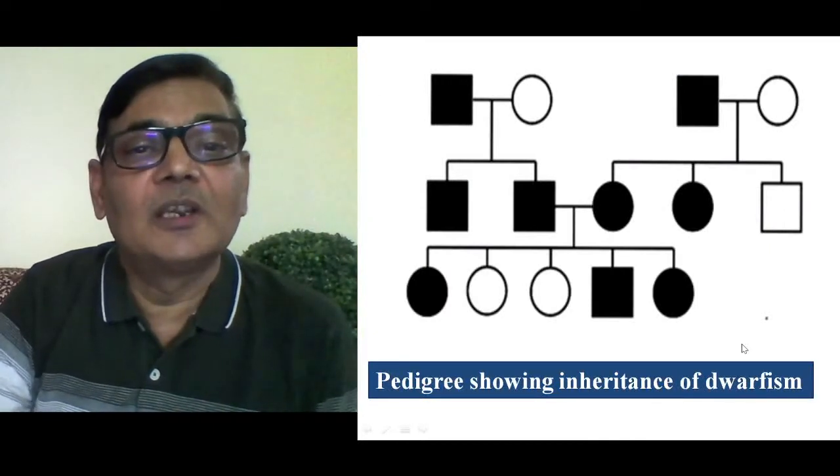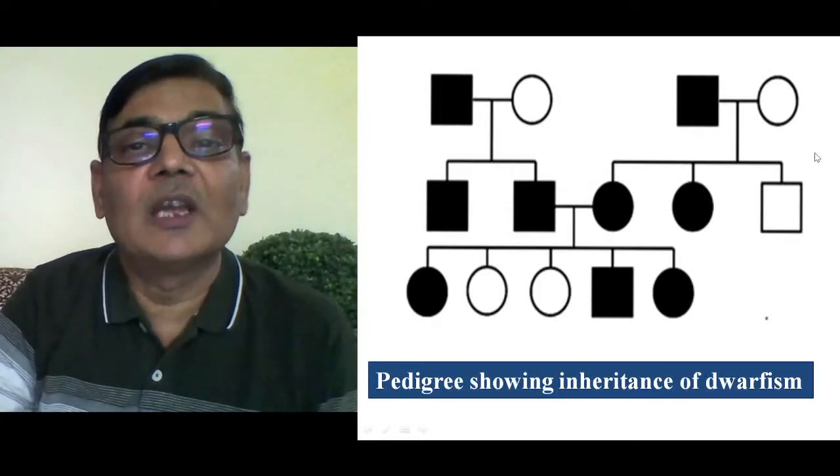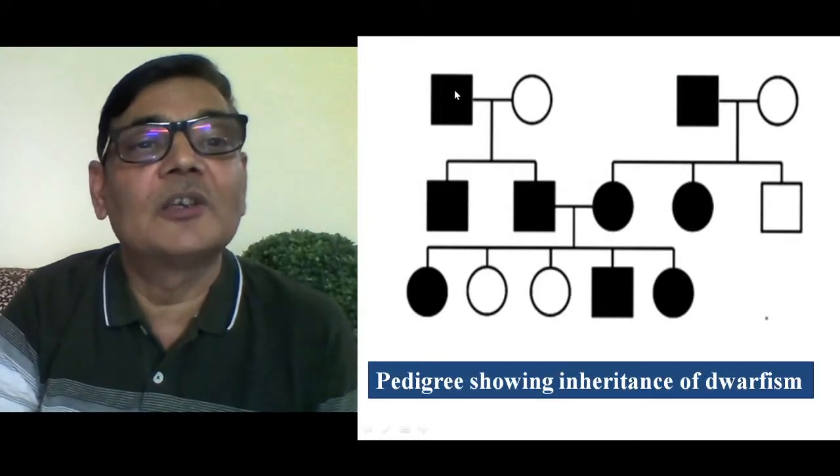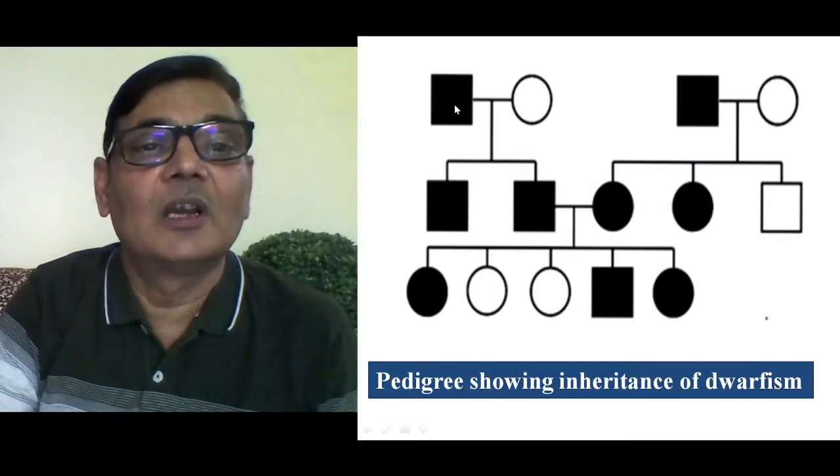In this pedigree, you can see the inheritance pattern. As I said, it is an autosomal dominant trait. So the allele is dominant in nature, and autosomal dominant traits are expressed almost in every generation. So you can see in every generation it is expressed.